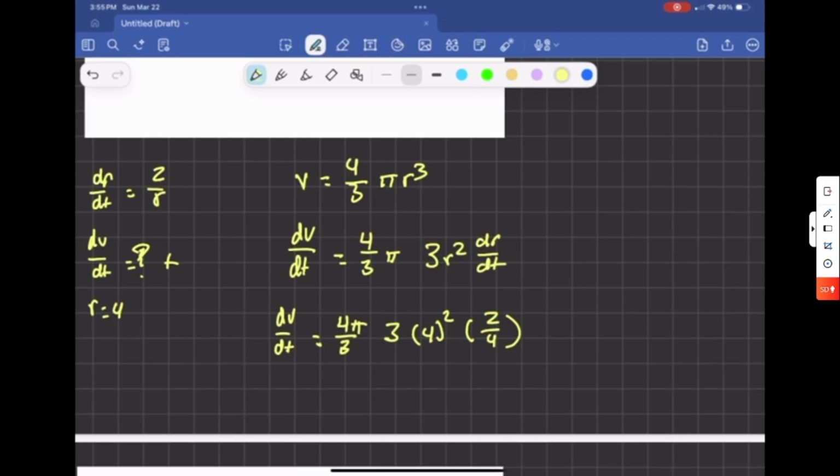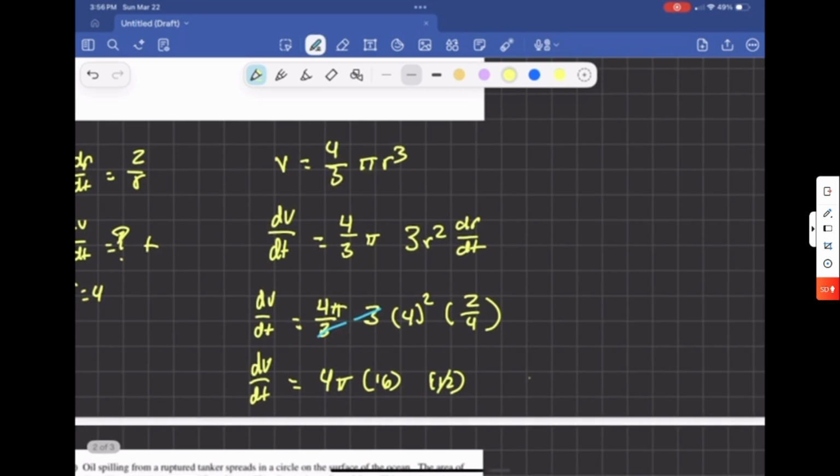Here, our 3's can cancel, so we're left with dv over dt equals 4 pi times 16 times 1/2, which is the same thing as 64 pi times 1/2, which equals 32 pi.